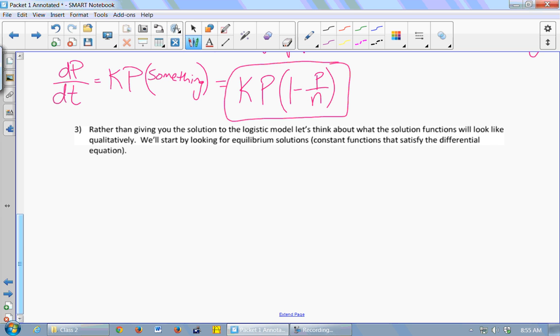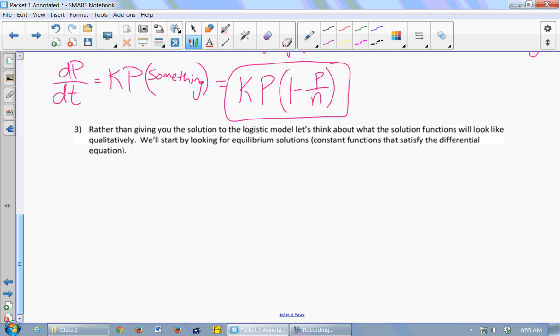Okay, so I'm going to start by looking for equilibrium solutions. Equilibrium solutions are constant functions that satisfy a differential equation. So I'm looking for population sizes that create a rate of growth of 0. Right? So what size population makes dp dt 0? Meaning the population will stay at that constant size forever.